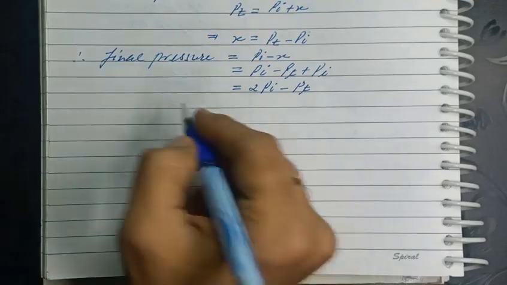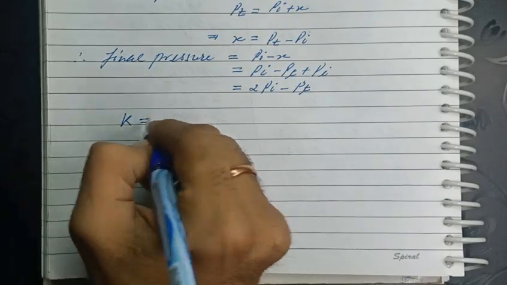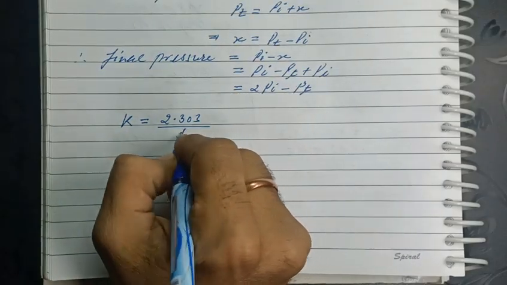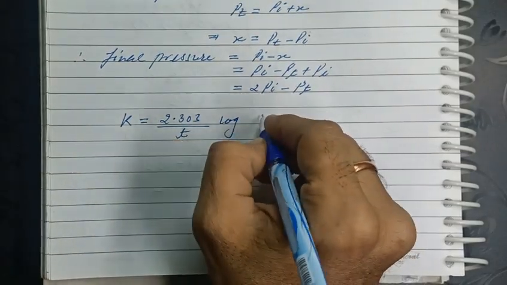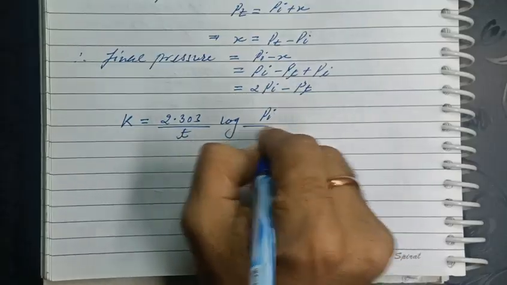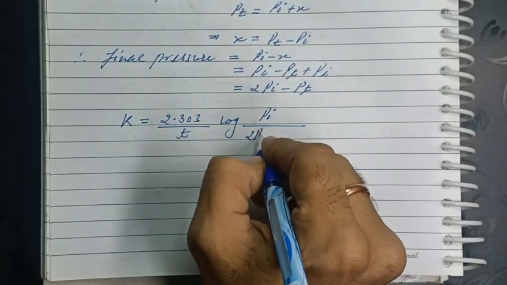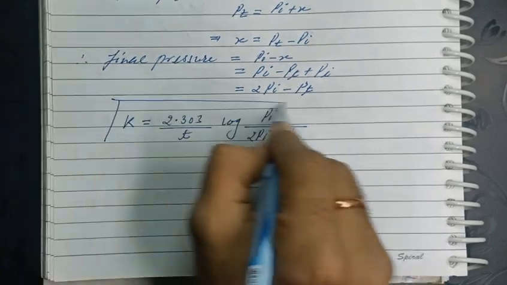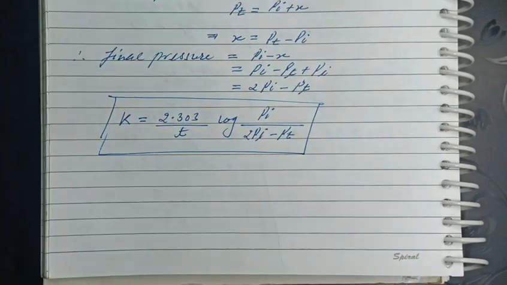Now we know the integrated rate law, K is equal to 2.303 upon T log initial upon final. So this is initial pressure and this is final pressure, 2Pi minus P total. This is integrated rate law for first order gaseous system.